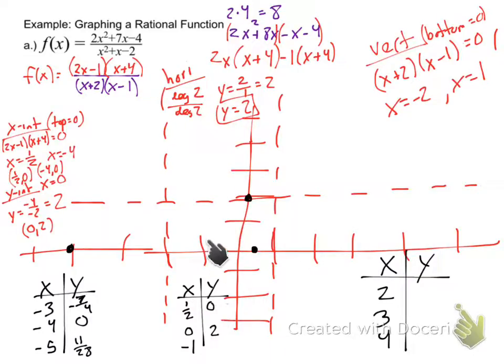Where are we supposed to plug these in? Into the original problem or your factored part? 4.5? Anybody got 2? 2, 3, or 4?